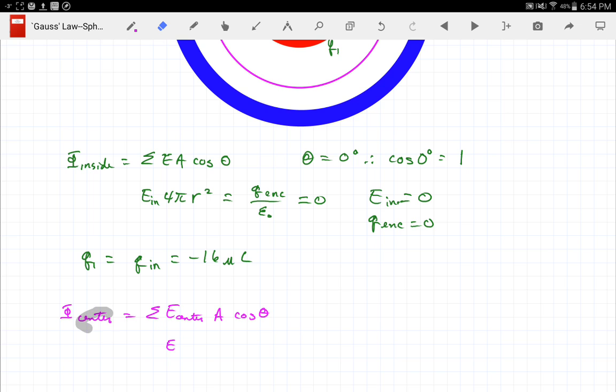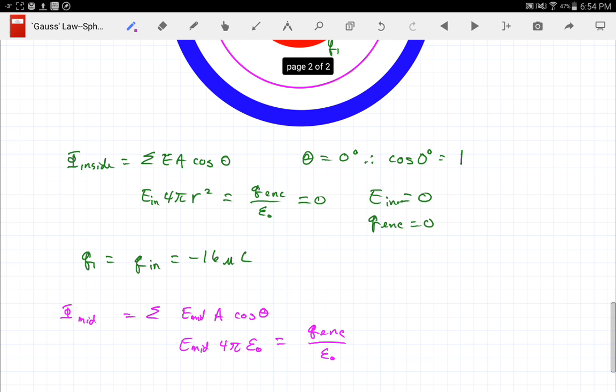Actually, I should have called it middle or mid rather than center, because center sounds like it's at the center of the whole shooting match. Mid is midway out, okay? So that's E mid times 4 pi epsilon 0. And that's equal to the charge enclosed over epsilon 0.